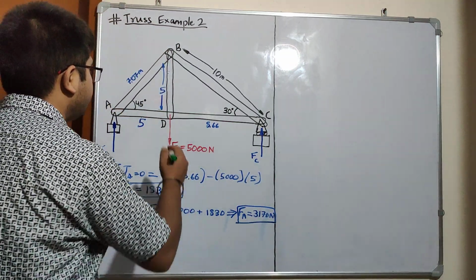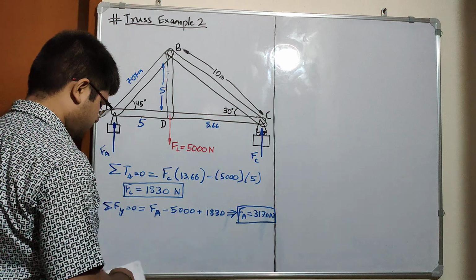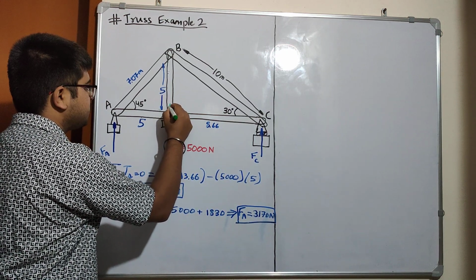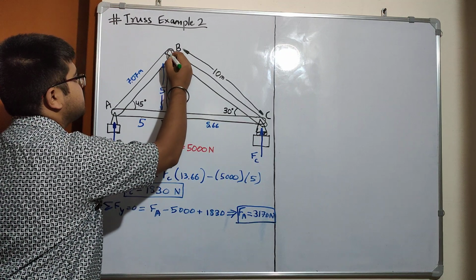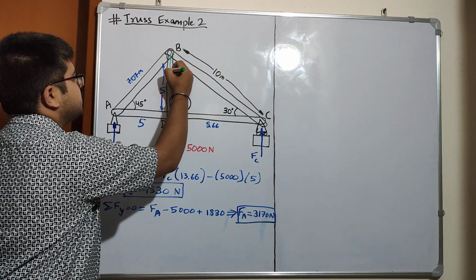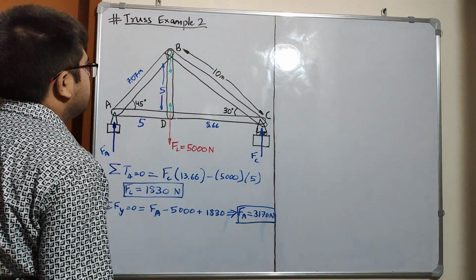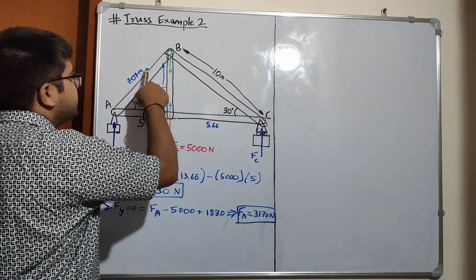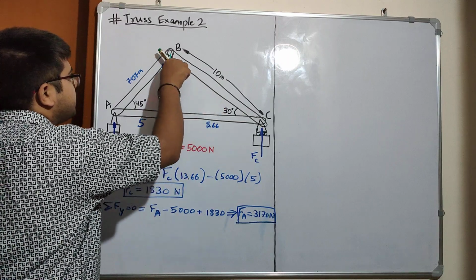So we have the internal force as shown here. This is the internal force. This is the internal force. Now if this is moving down, then these two would be in this direction.